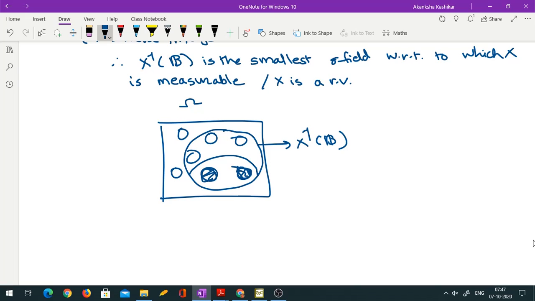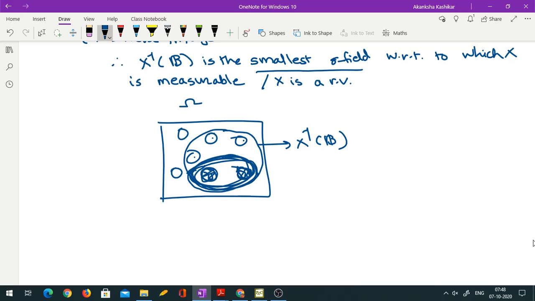Now if I consider only these two sets, then I know that there are some Borel sets whose inverse images are not included in this smaller thing, because these came in X inverse of B because they were inverse images of some Borel sets. So if I am keeping them out, it means that there are some Borel sets whose inverse images are not in this thing. So X would not be a random variable with respect to this smaller sigma field. Okay. Hence I am saying that X inverse script B is the smallest sigma field with respect to which X is measurable or X is a random variable. Okay, for X to be a random variable, what do you need?